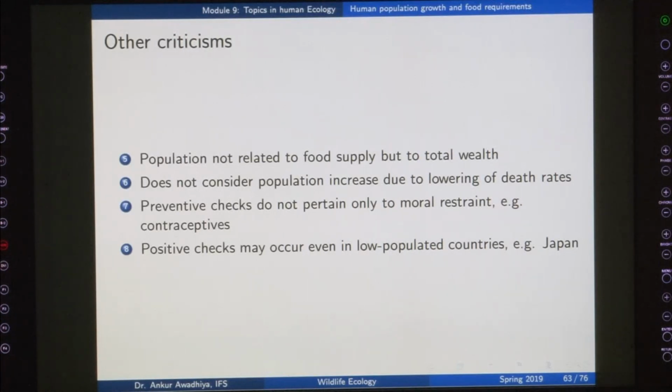Why? Because if a society is more affluent, it would be able to afford modern medicine, it would be able to afford more nutrition, it will be able to afford newer advances in science and technology, and in that case we will see a lowering of the death rate, and with a lowering of the death rate, after a while the society will also progress towards a lowering of the birth rate.